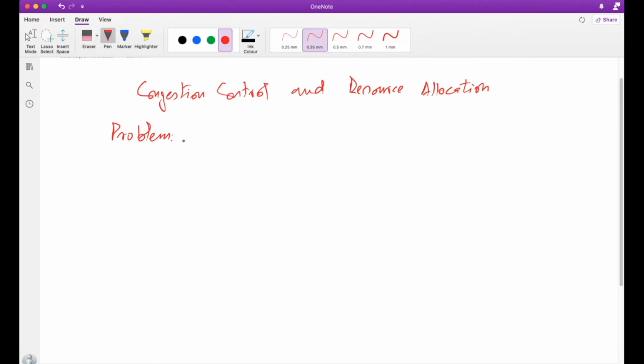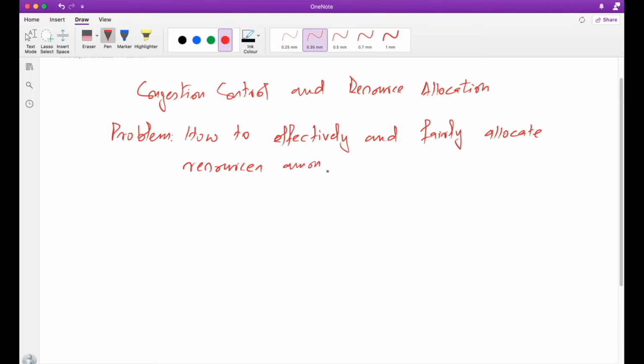The problem of resource allocation is how to effectively and fairly allocate resources among a collection of competing users or nodes.